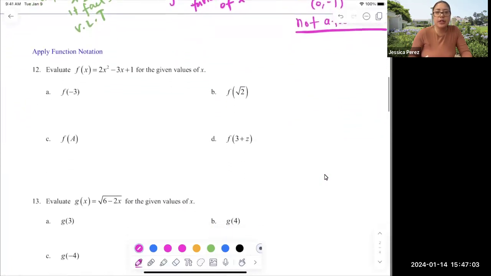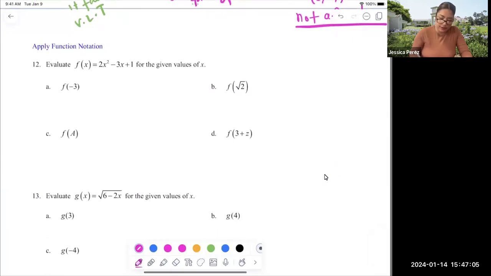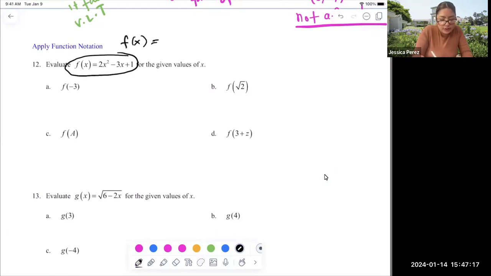Now that we know what a function is, we're ready to evaluate. So this one is a function that we're given, and these are the numbers that we want to substitute. Since f of x is equal to 2x squared minus 3x plus 1, the inside tells me that now x is going to be negative 3. So wherever I see an x in my function, it's now going to be negative 3. So f of negative 3 is equal to 2 times negative 3 squared minus 3 times negative 3 plus 1.